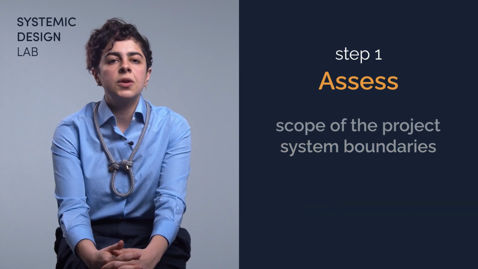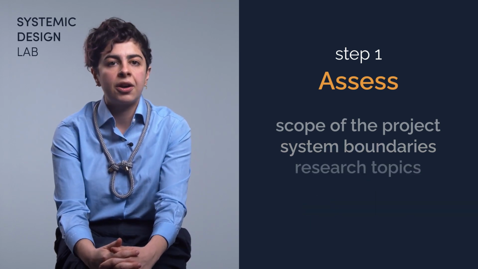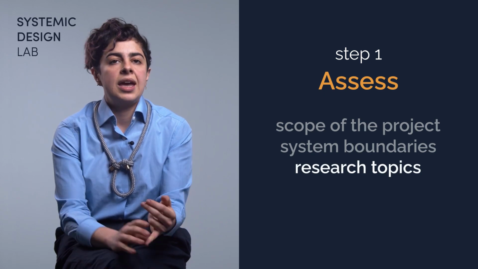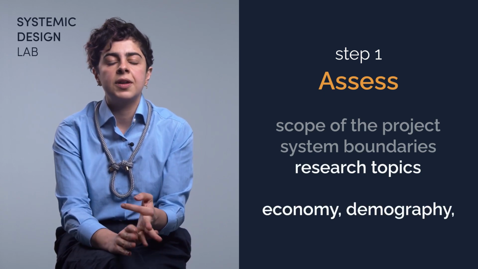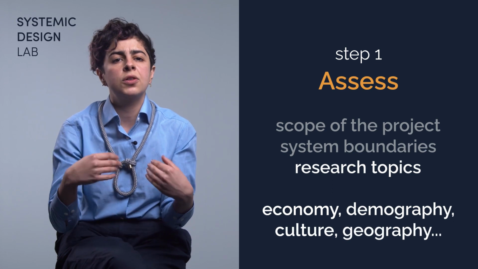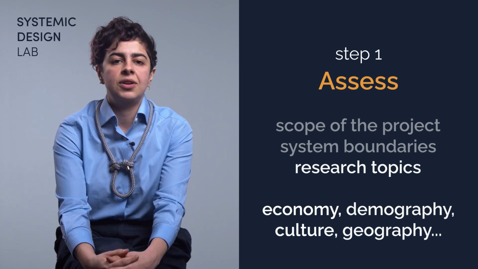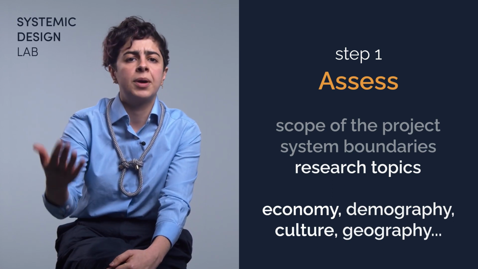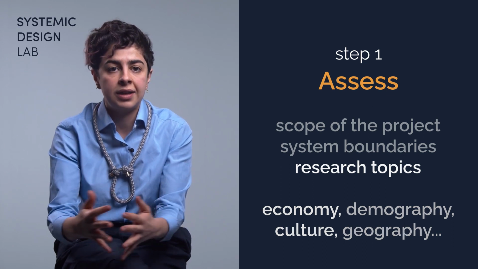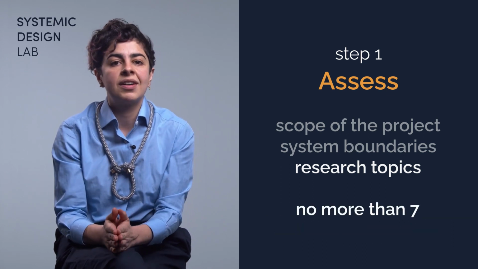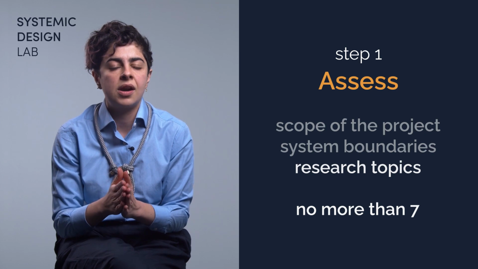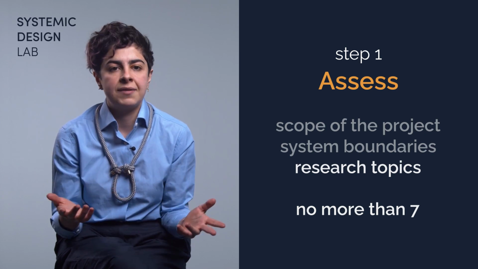So it will allow us to understand where we are set as a territory and the scenario of this value chain. For this, our macro categories are going to be economy, demography, cultural, geographical, but you can also add more categories as you wish, let's say urban flows if you require it. The important thing is that we don't have 1,000 categories, and the categories are not more than 7, let's say.